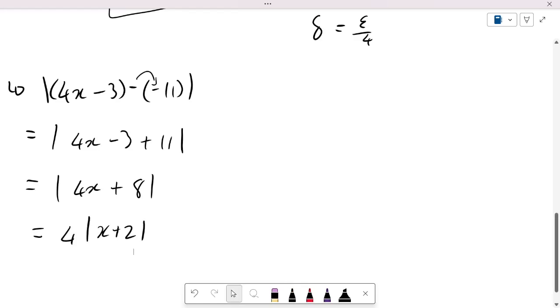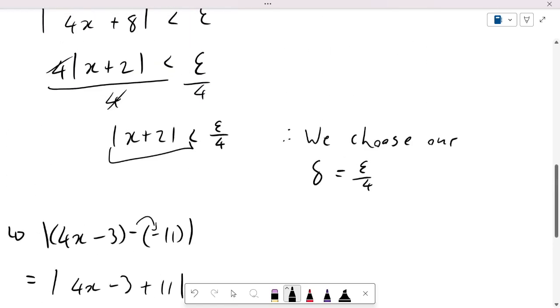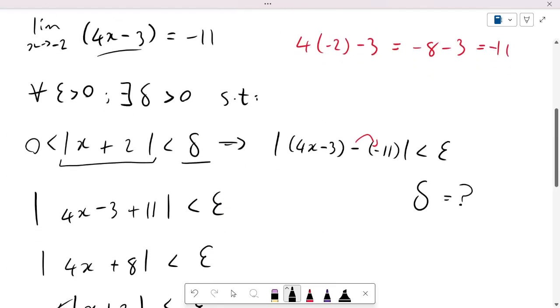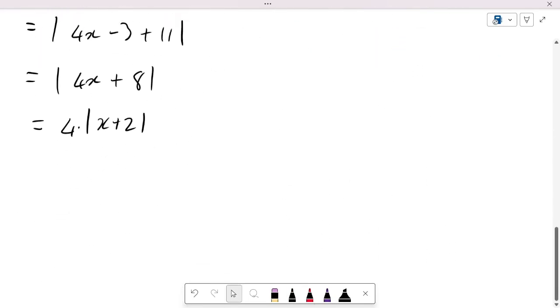And now what we can see over here is that we have 4 multiplied by x plus 2. And what do we know x plus 2 is similar to? We know that the absolute value of x plus 2 is less than delta. So therefore, 4 multiplied by the absolute value of x plus 2 is going to be less than 4 multiplied by delta.